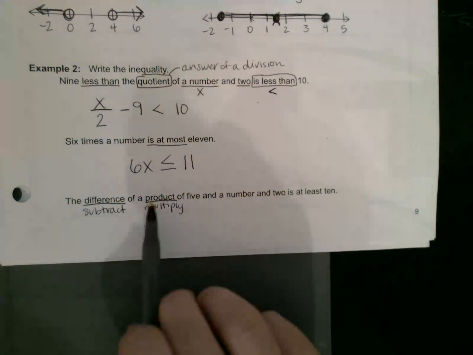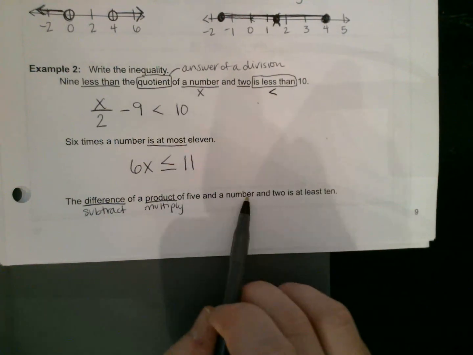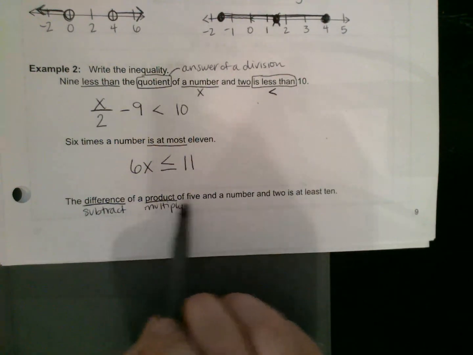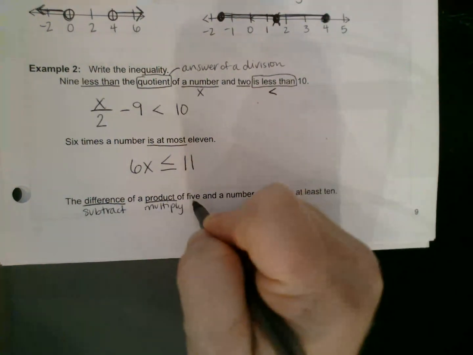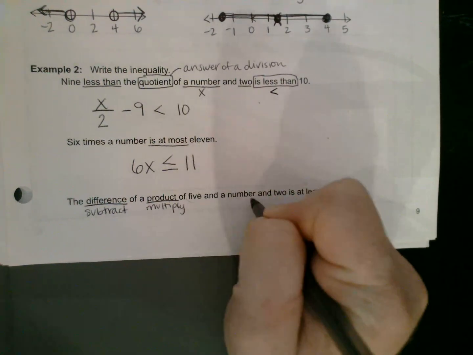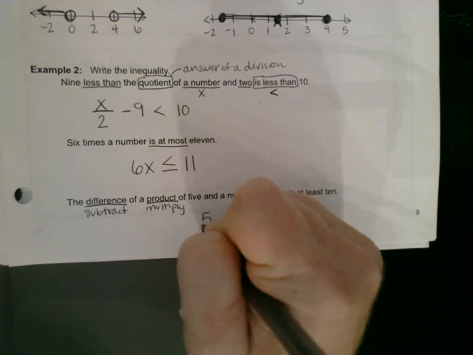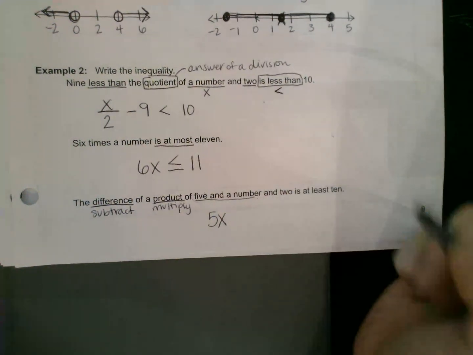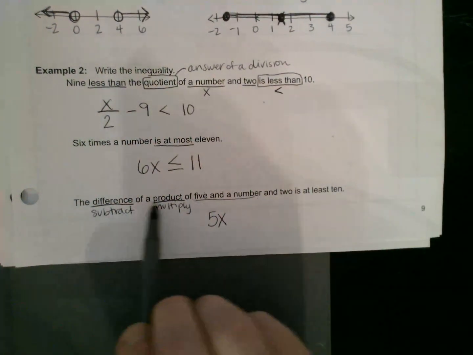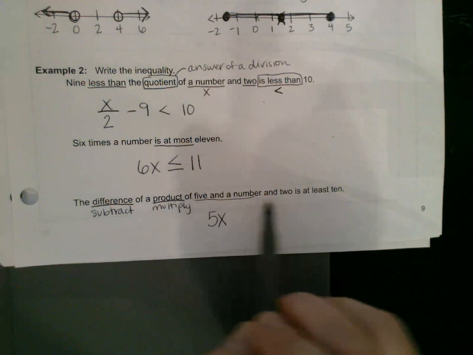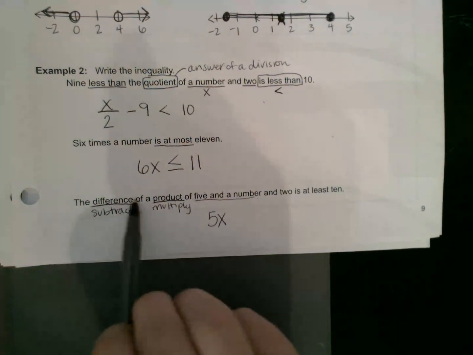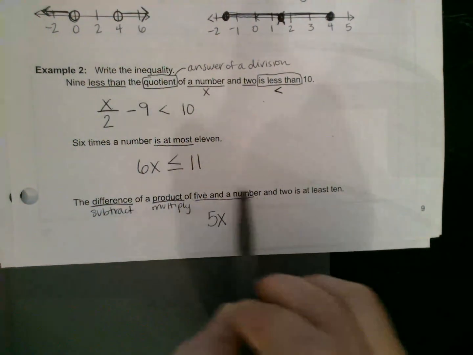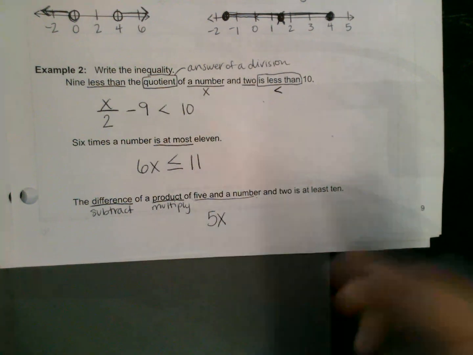The difference of a product of 5 and a number. The product of 5 and a number means we're multiplying 5 times x, or in other words, 5x. That's 5 and a number. So the difference of a product of 5 and a number and 2. I think the difference is referring to the 5 and a number and 2.